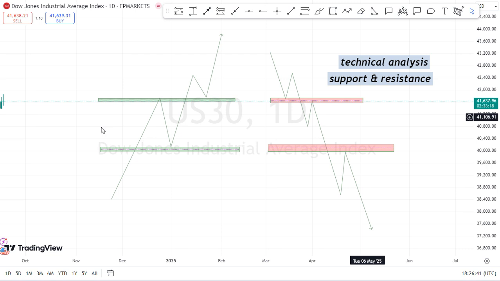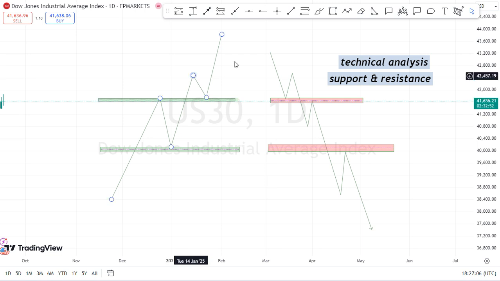Previous resistance turns into support. Previous resistance turns into support. It supports the price to continue its direction. In this case, the direction is a downtrend. Here, resistance turns into support. We broke it and retested it. Now it's supporting our price to continue in its direction because it's an uptrend. Resistance, we broke it. Now it became support, so it's supporting our price to continue in our direction, which is what?